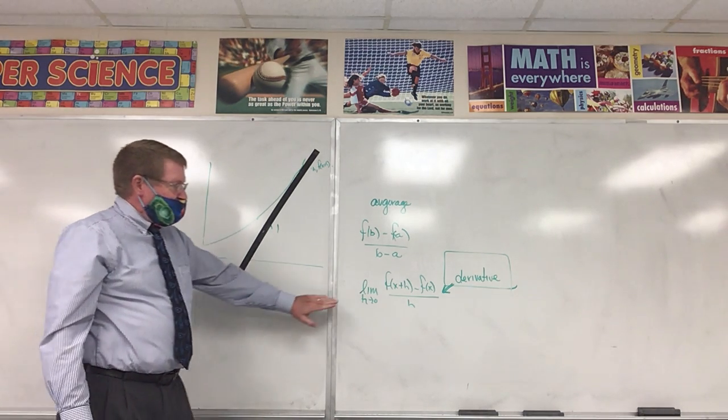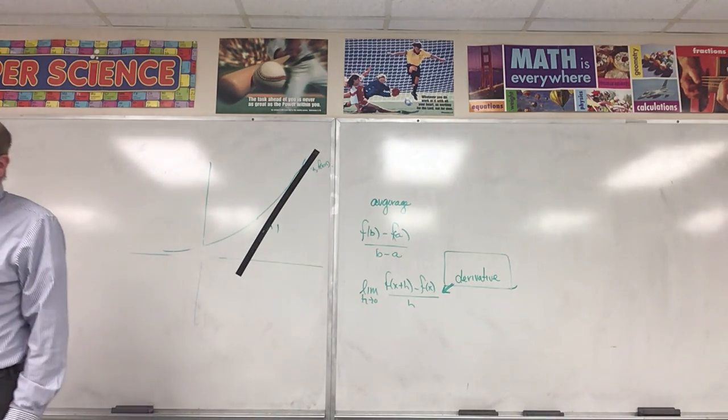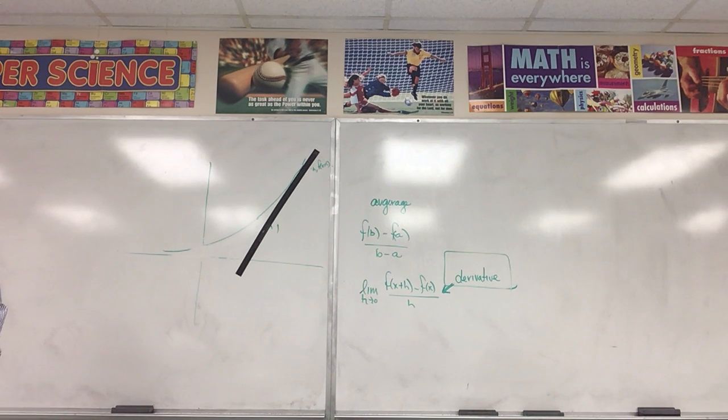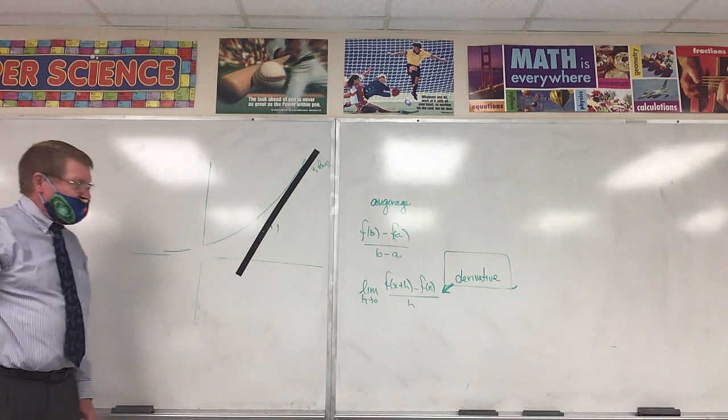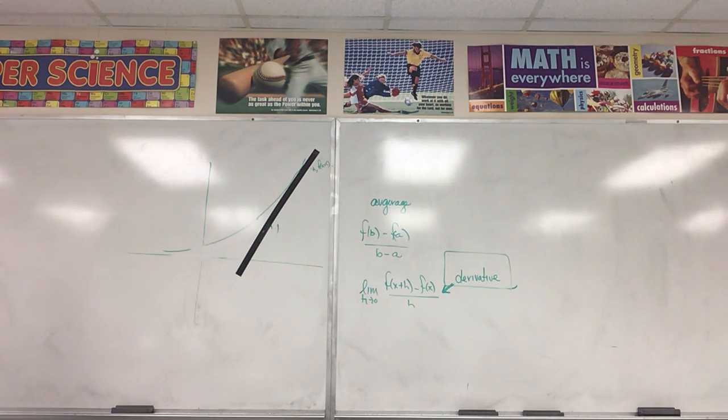This represents the slope of my curve. The slope of my curve is the limit as h approaches 0 of f of x plus h minus f of x over h, which also determines the derivative.